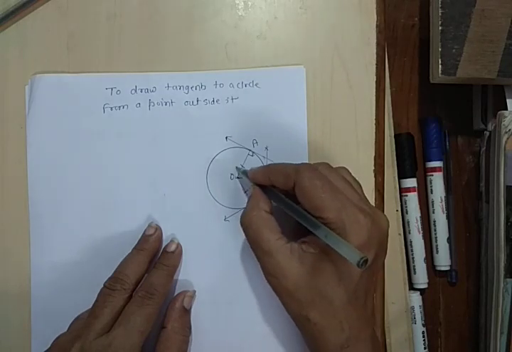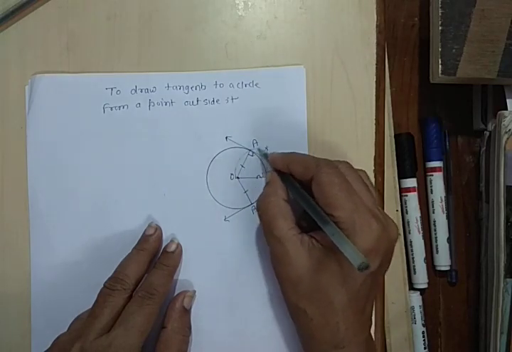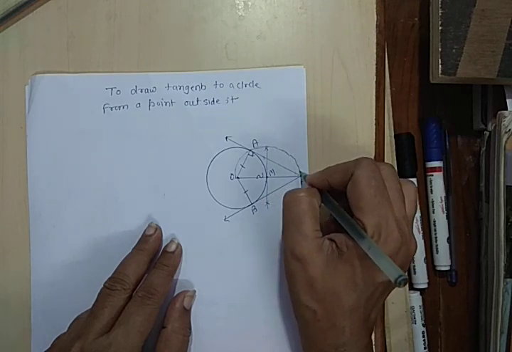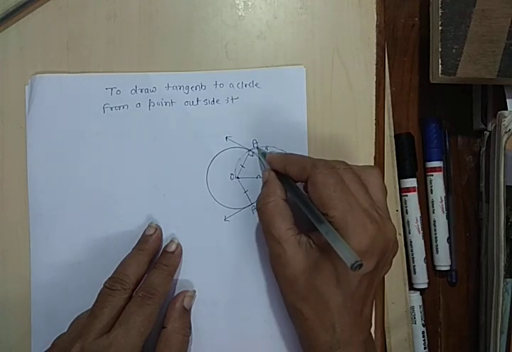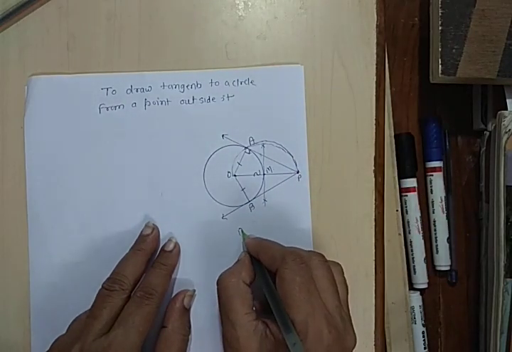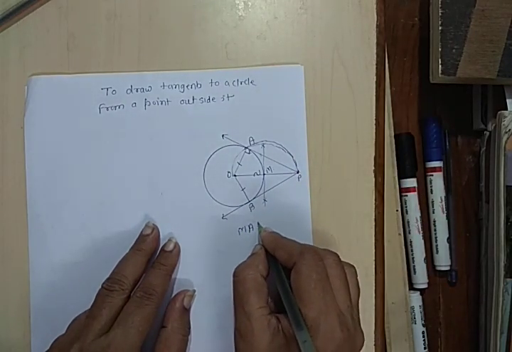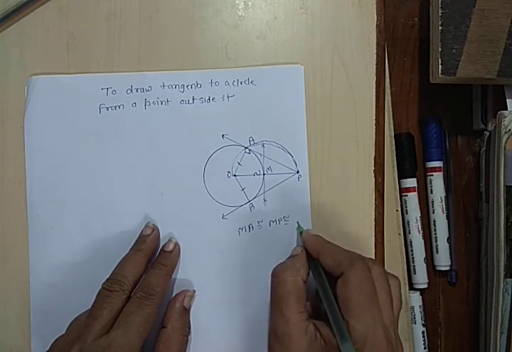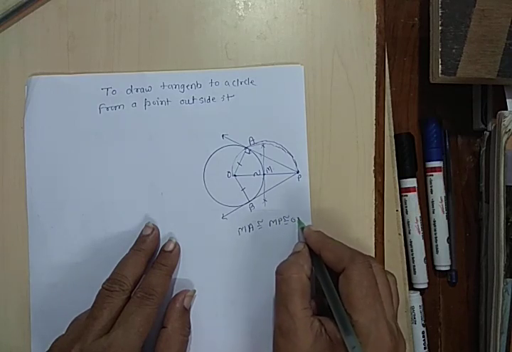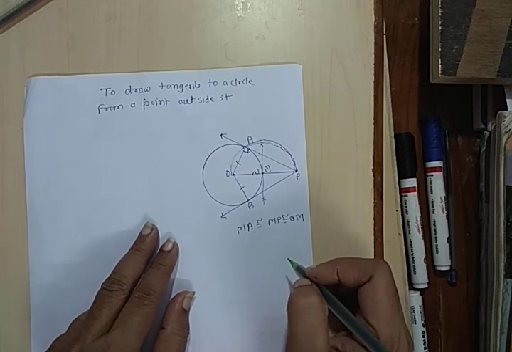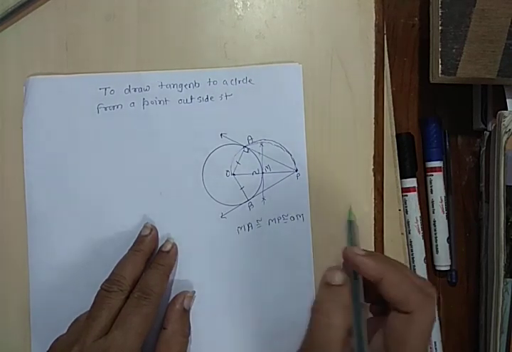As it is a circle, here MA is congruent to MP congruent to OM. It will not be congruent to OA.